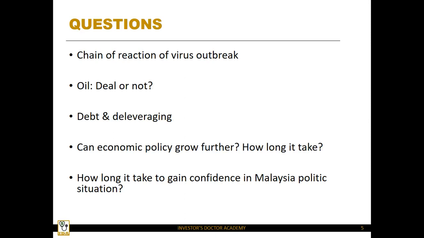So can the economic policy grow further and how long will it take? What I'm sure of is that the stimulus package now can recover the damage brought by the virus, at least part of it. We can't guarantee it can cover the whole part. But even if you are able to cover the whole damage, can it grow further?